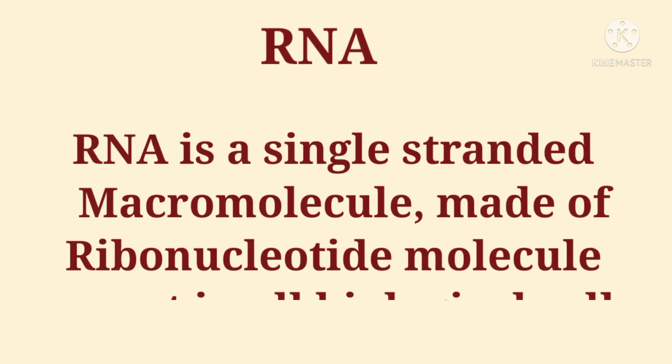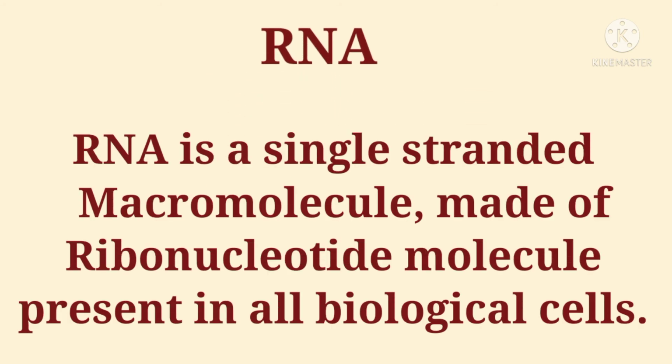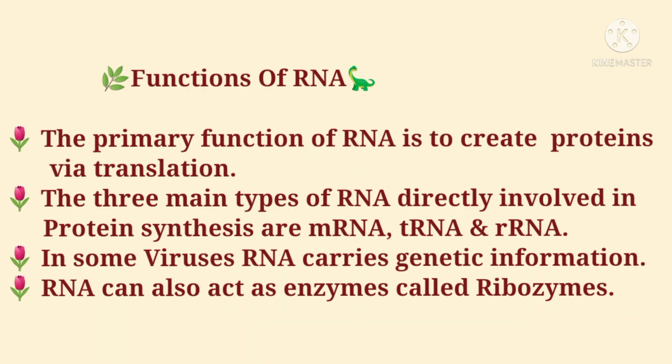RNA is a single-stranded macromolecule made of ribonucleotides, which means it contains ribose as its pentose sugar and the pyrimidine uracil instead of thymine. Functions of RNA. The primary function of RNA is to create proteins via translation.